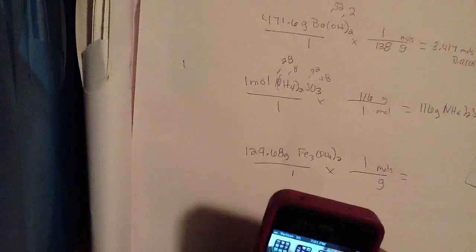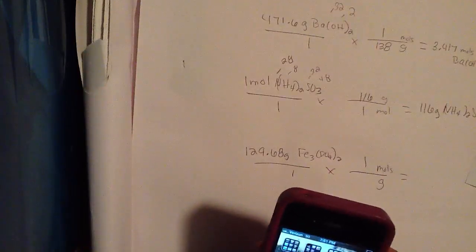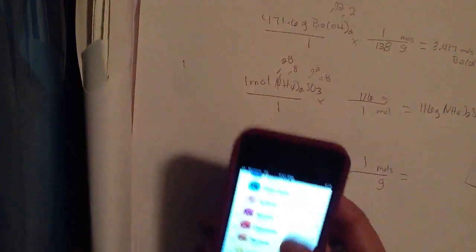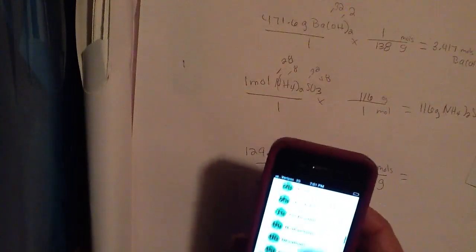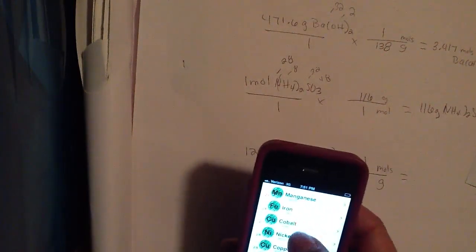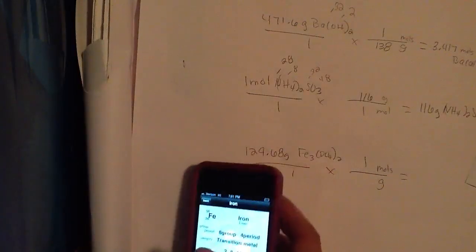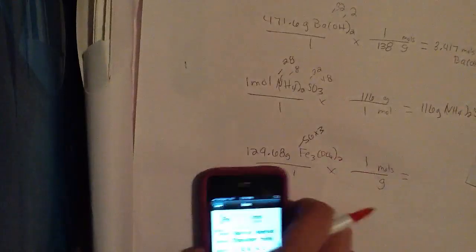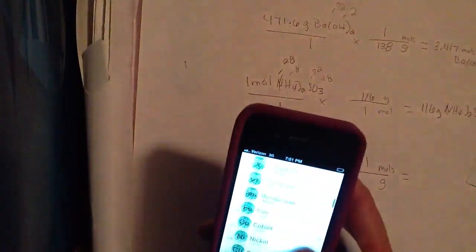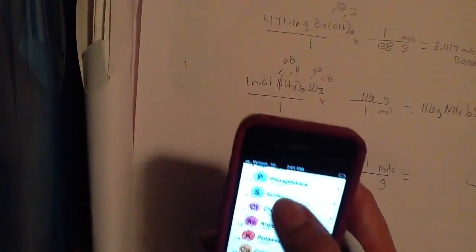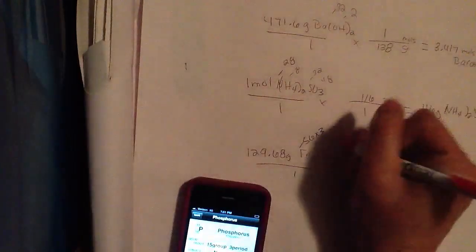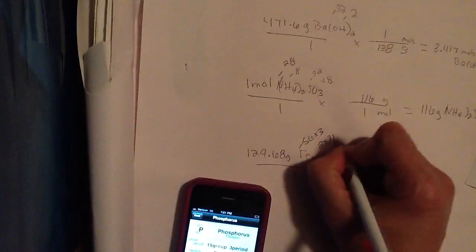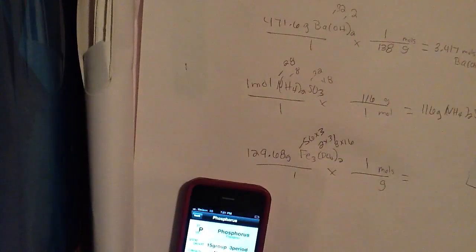I think iron's 56, I want to say, but let's find it to make sure I don't screw that up. Iron, 56. So this is 56 times 3. Phosphorus should be about 31, but let's make sure. Yep, 31. And that happens twice, so 2 times 31. And we've got 8 oxygen times 16.